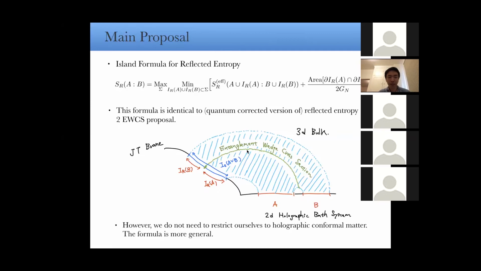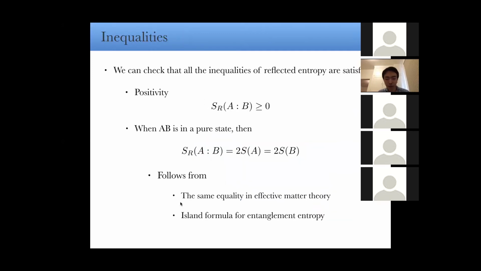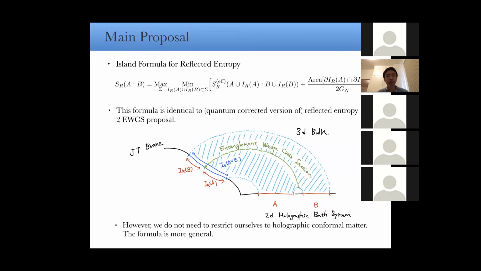So the entanglement cross section can end either on the island or on some other boundary of an entanglement wedge cross section, which is the pale blue subregion in the 3D bulk. But I emphasize that the proposed formula is not restricted to holographic conformal matter, as in the original island formula. This is more general.